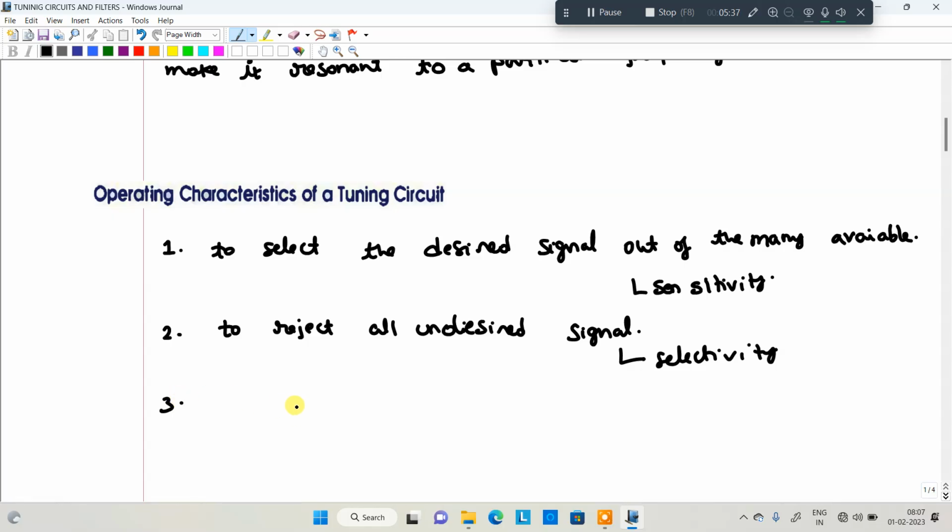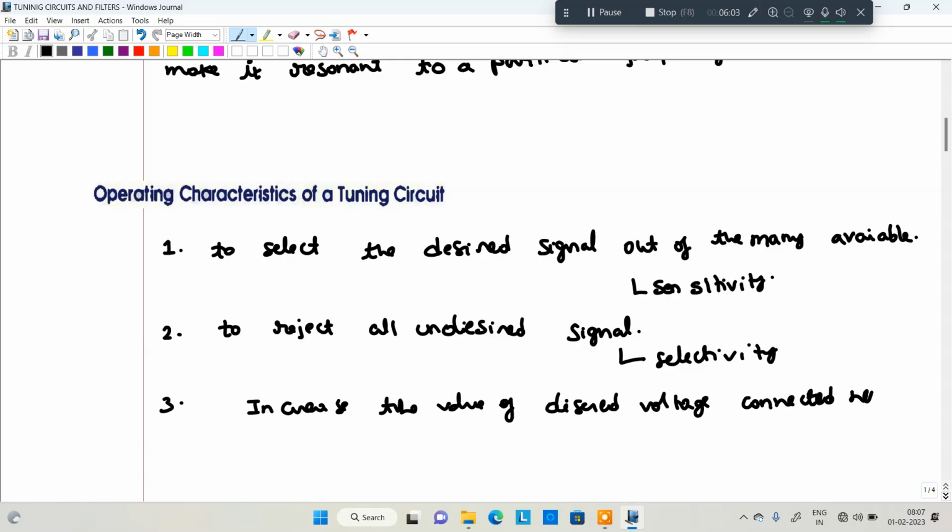The third characteristic is to increase the voltage of the desired signal before passing it to the next level. This is called fidelity. From the examination point of view, why are you studying all these three characteristics?